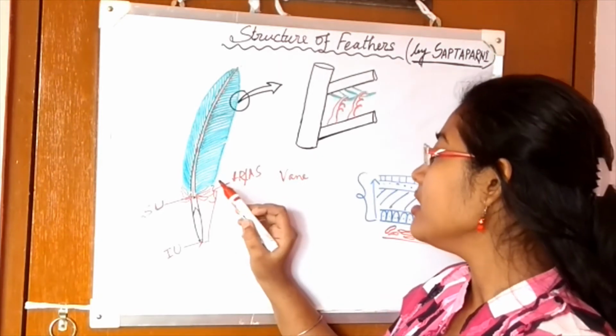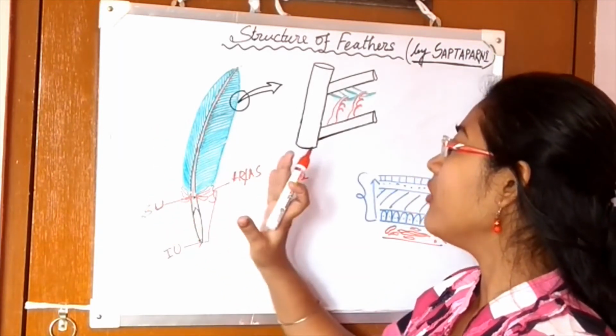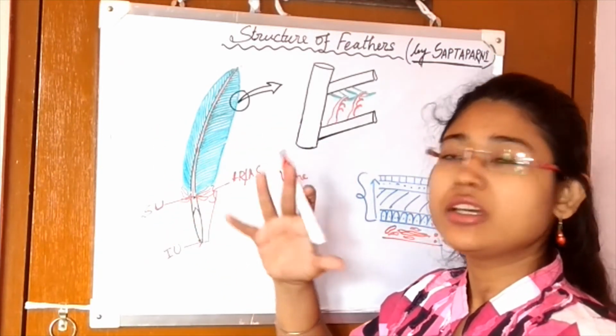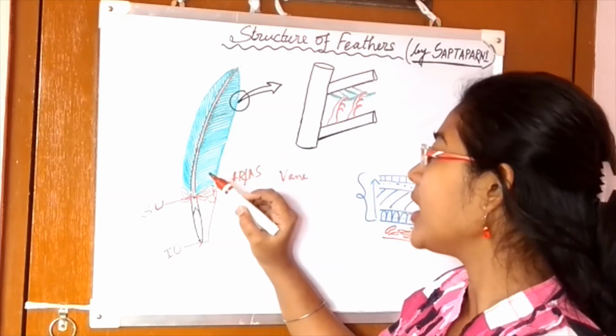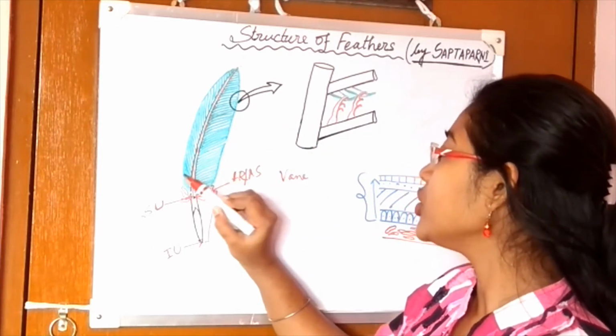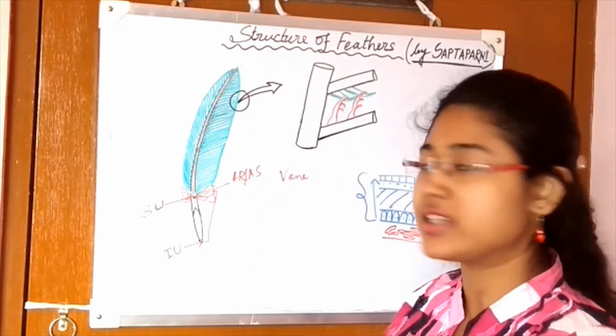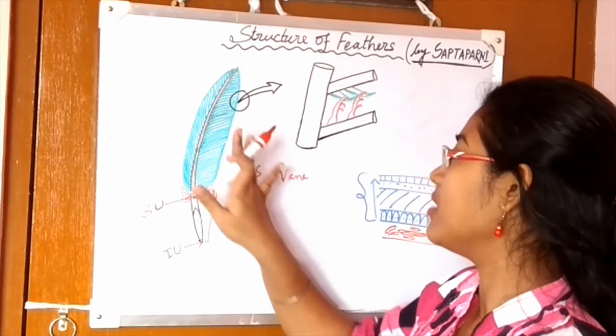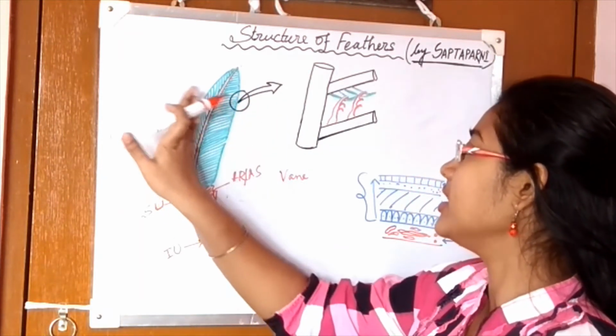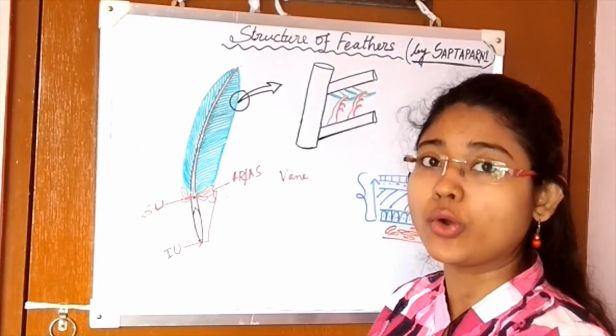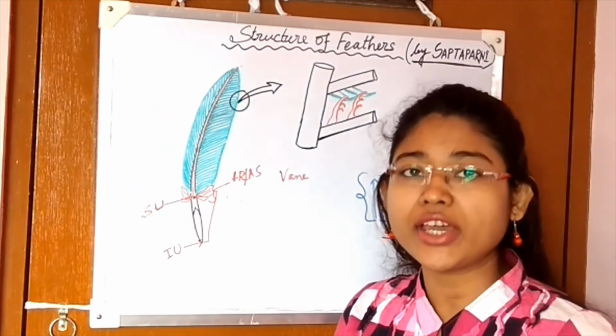You can find two layers of expanded feathery portion or thread-like portion along the two sides of the shaft or rachis, known as the vein or vexillum. This green portion here and this green portion here is known as the vein or vexillum.